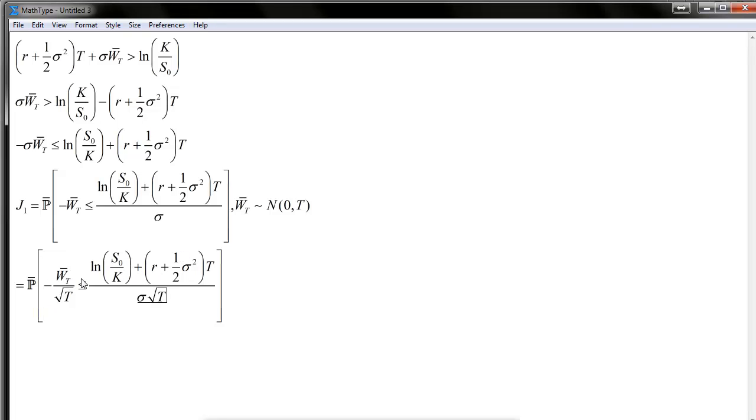The probability of standard normal over here being less or equal to some number, because everything here is known, so if we name this whole term on the right hand side d1, this is the cumulative standard normal of d1.